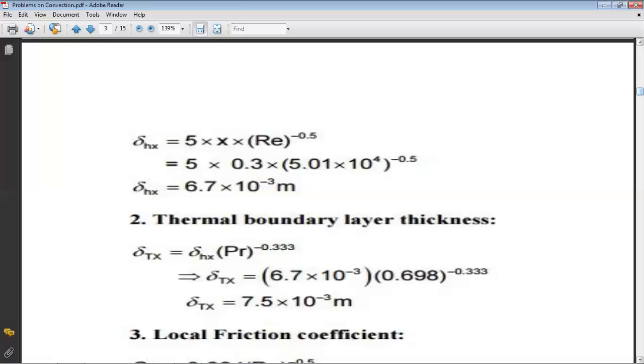Now, if you substitute the value of Prandtl number, which you have extracted from the data handbook, you will have thermal boundary layer thickness as 7.5 into 10 raised to minus 3 meters. So you substitute the value of hydrodynamic boundary layer thickness, which is 6.7 mm, and Prandtl number.